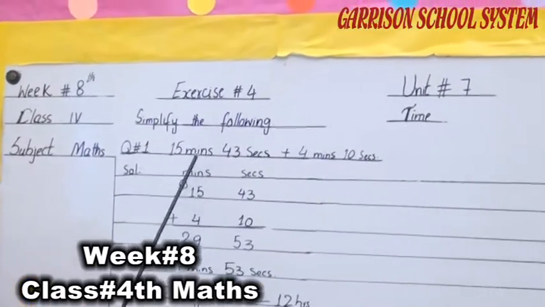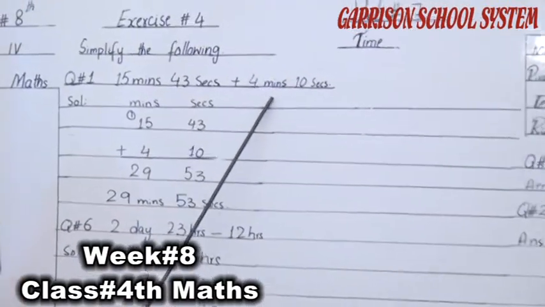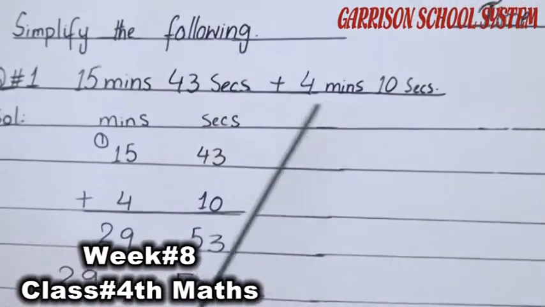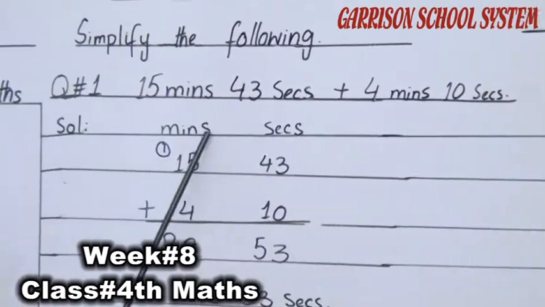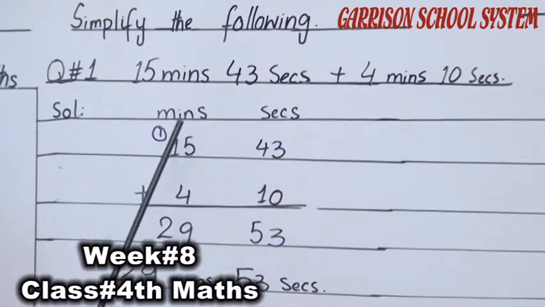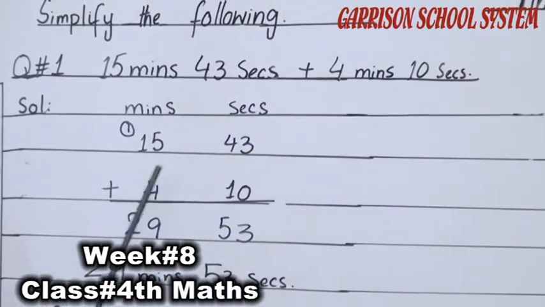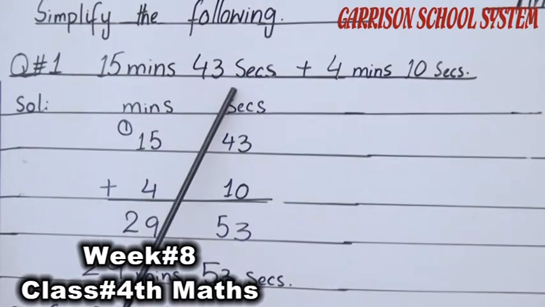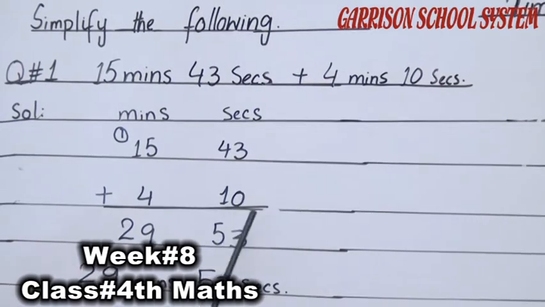Question number 1. 15 minutes and 43 seconds plus 4 minutes and 10 seconds. Now we can add it. We write minutes and seconds. Minutes: firstly we write 15 minutes and then 4 minutes. Then seconds: 43 seconds and then 10 seconds.